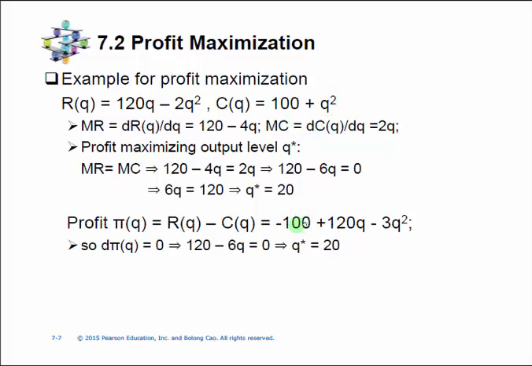I line them up with Q's power increasing. The first term is minus 100, which has no Q in it. Then plus 120 times Q. And I still have minus 2Q squared, and because it's the cost, minus Q squared. So we have minus 3Q squared.